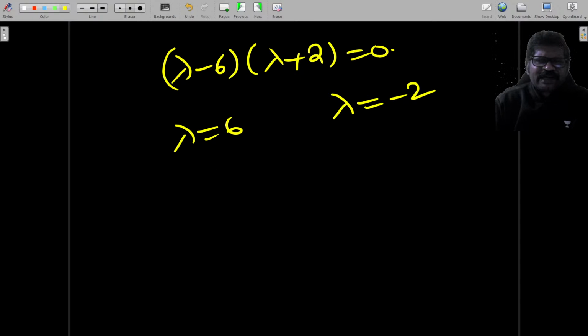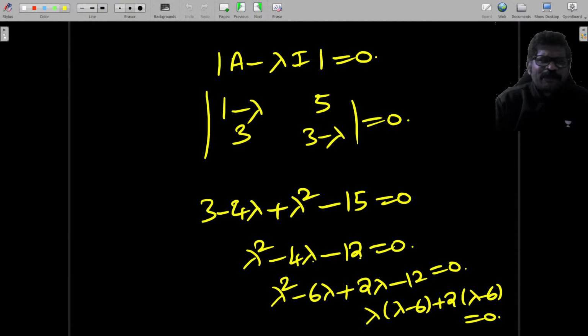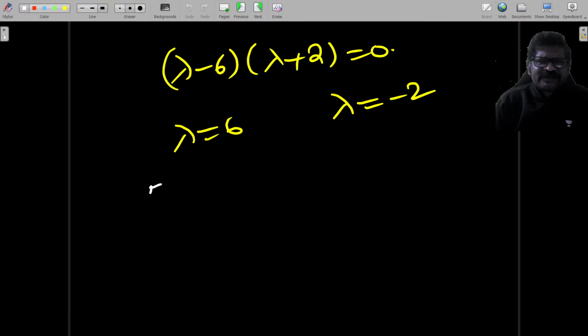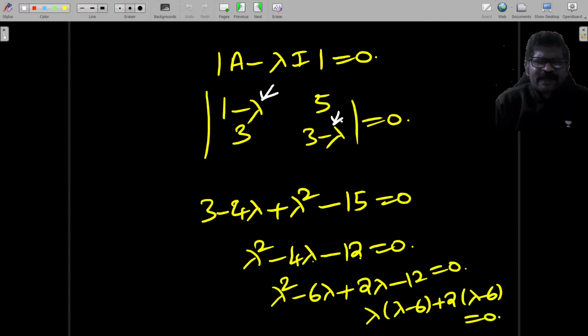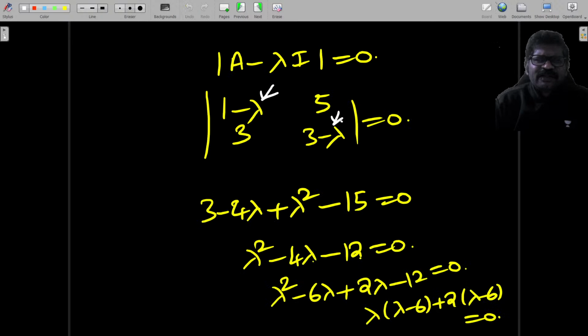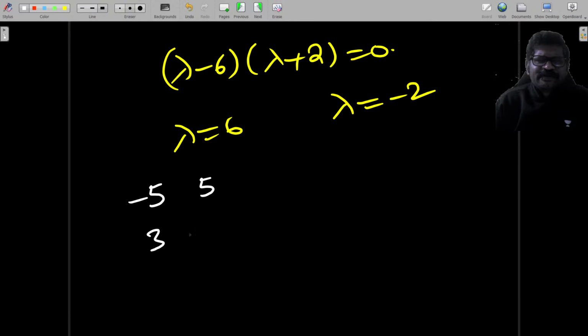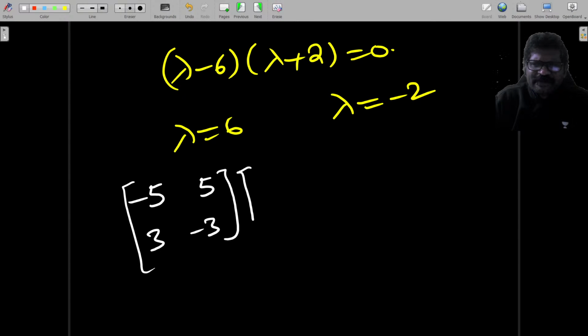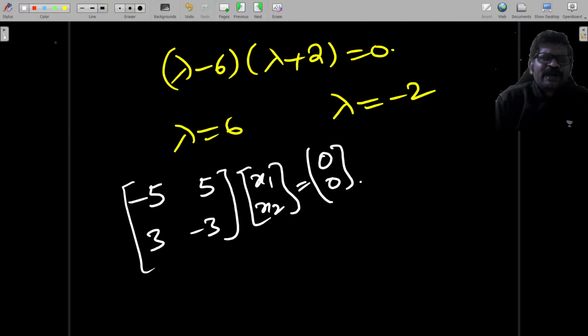Now we can find eigenvectors very easily using one trick. In the place of lambda, substitute 6. You will get 1 minus 6, which is minus 5, 5; and 3, 3 minus 6, which is minus 3. Multiply with x1, x2 equal to 0, 0, as I am calculating the eigenvector. Take one equation, using either the first row or second row.